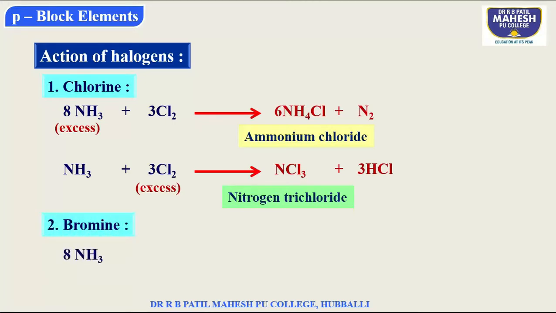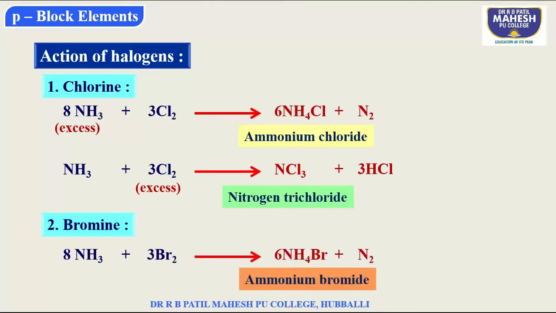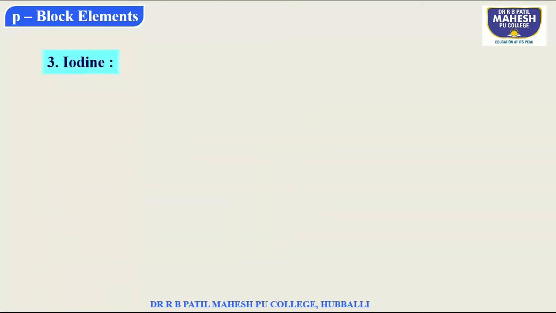Reaction with bromine. When ammonia reacts with bromine, it forms ammonium bromide as the product along with dinitrogen gas. Reaction with iodine.